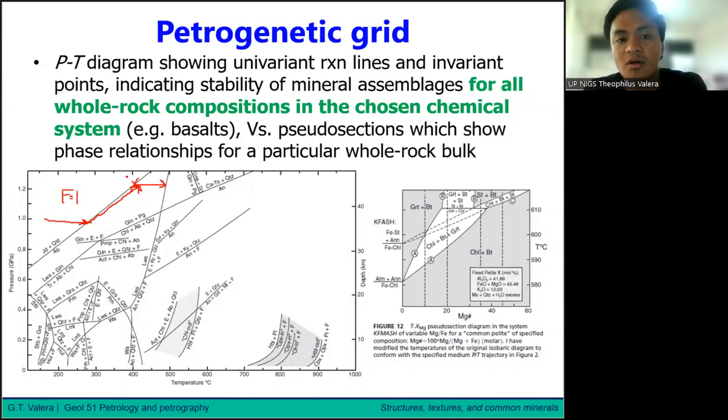Okay? So here, at this particular point, F equals 2 kasi one of the reactants is lost. Okay? So that is a univariant reaction line.